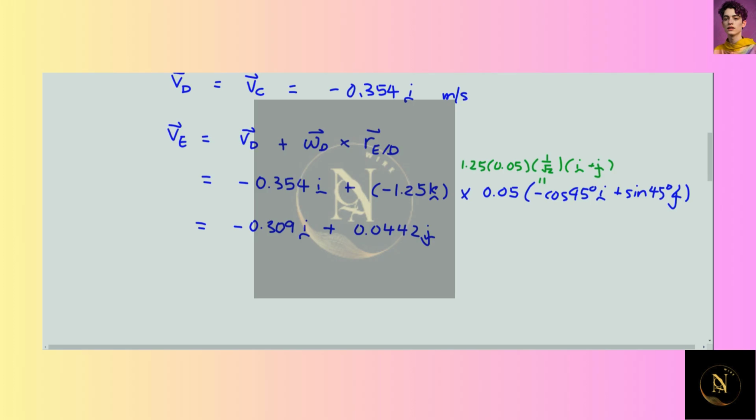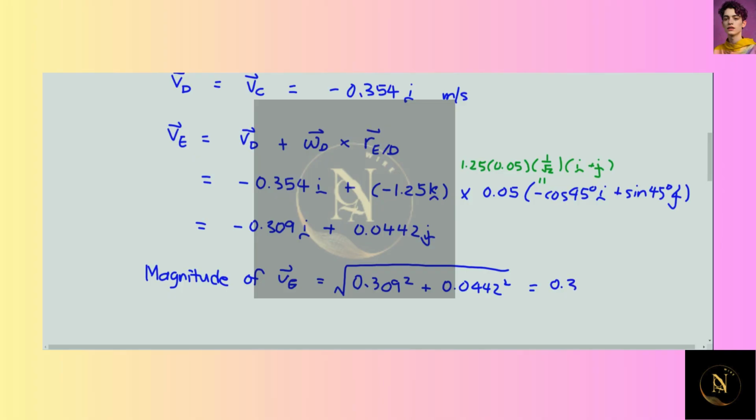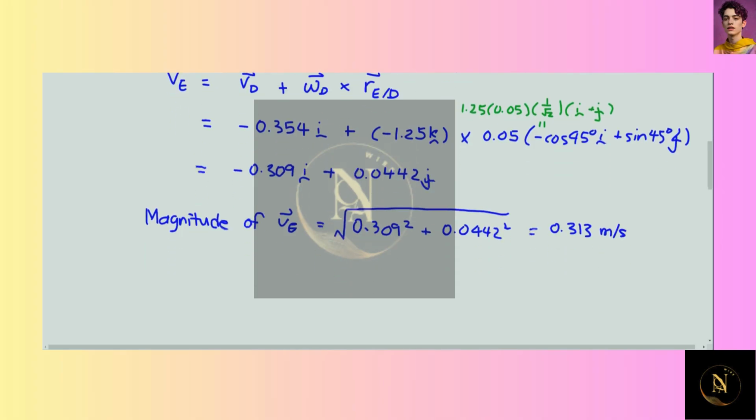The magnitude of VE is the square root of the sum of the squares of the components. So 0.309 squared plus 0.0442 squared, square root. This is 0.313 meters per second.